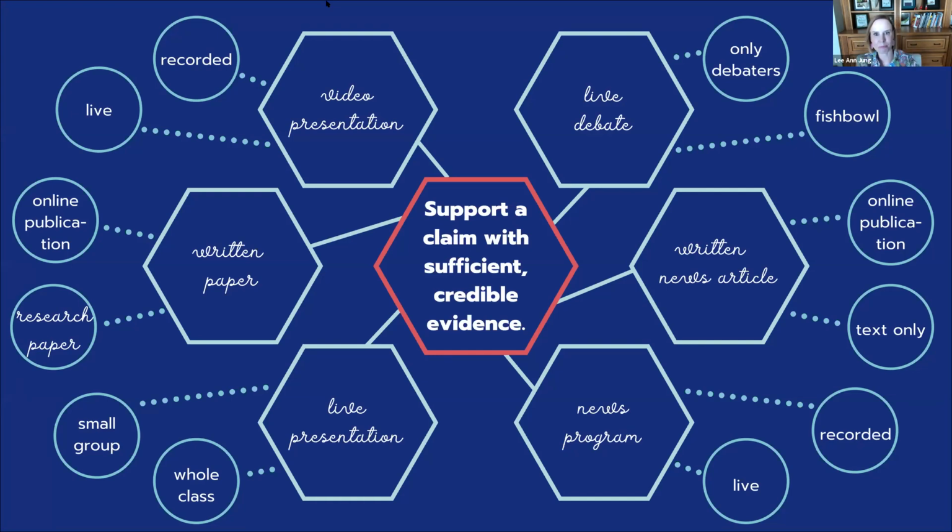It's got to remove all of the task requirements, which makes us have to think much deeper about how it really looks to be able to support a claim with sufficient credible evidence. So we have to think deeper about the meaning of that standard or that skill and that goal, and think about all of the ways that can look. And that way we're really harnessing the power of the strengths of our students.